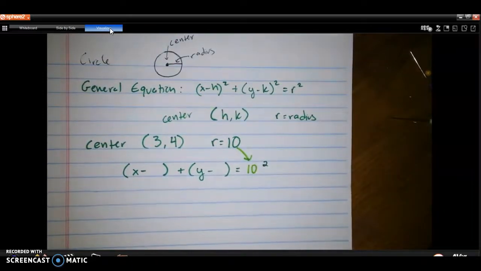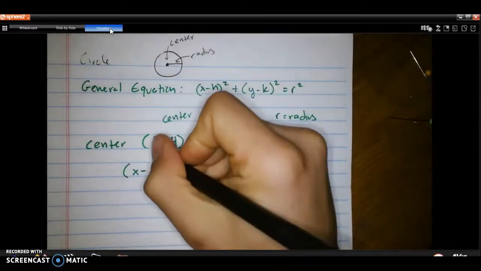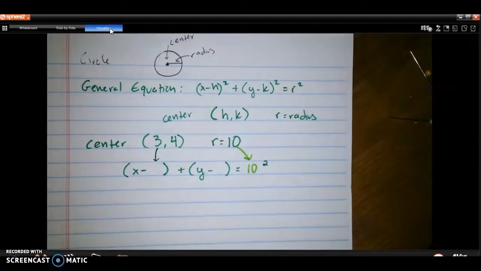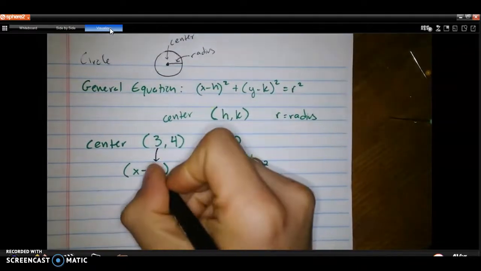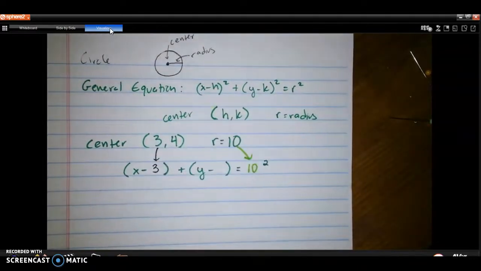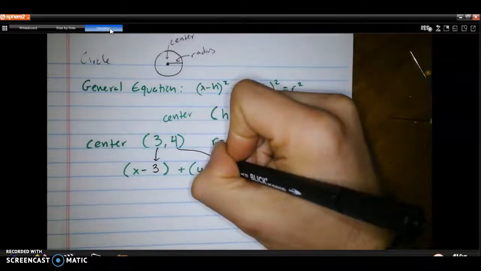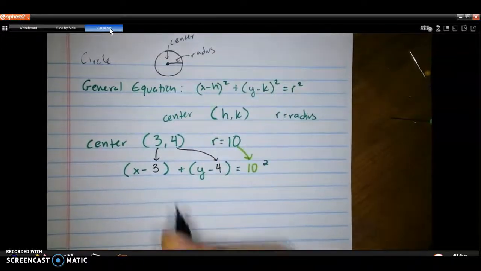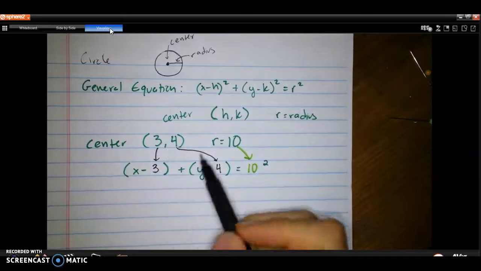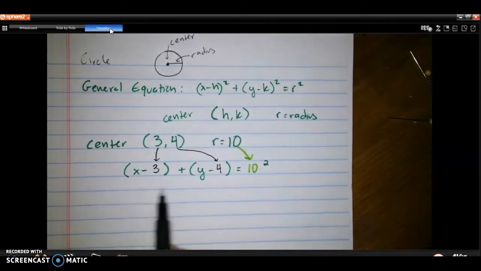Now, when you're filling in the x's and the y's, what's nice is the x goes with the x. So it's x minus 3. The y goes with the y. Minus 4. Notice that for the center, in the equation, they are opposite, right?